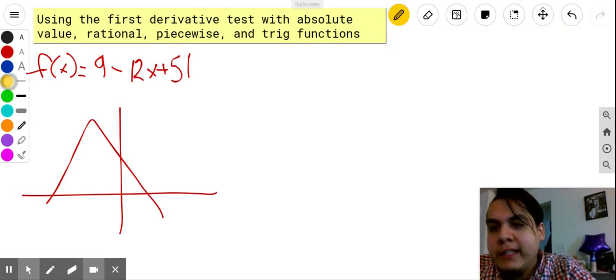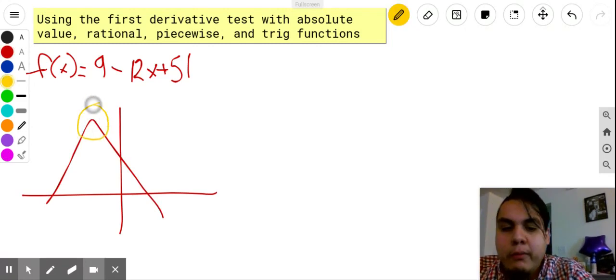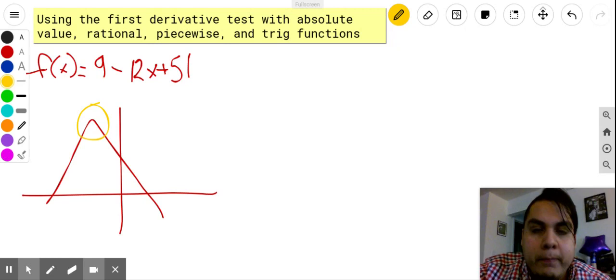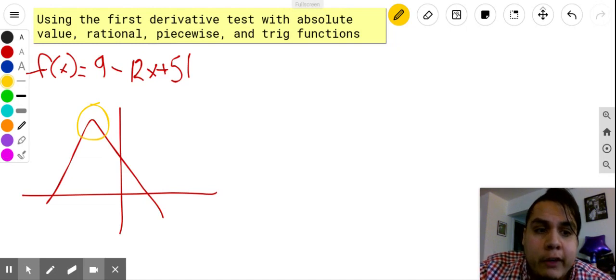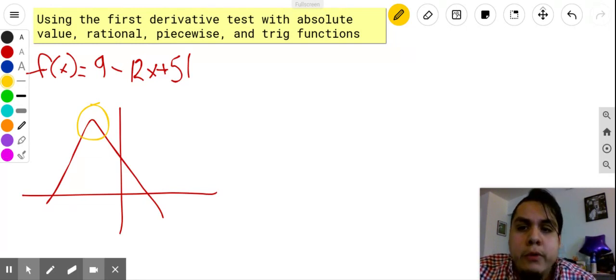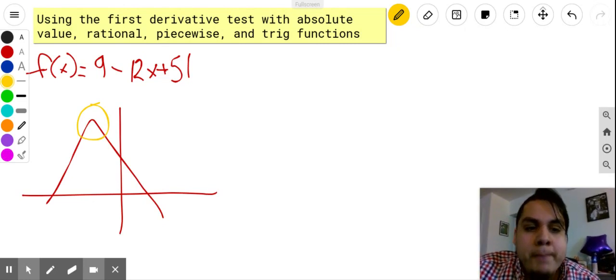And it's because it has this sharp turn right here at that vertex, that absolute maximum, that it's not differentiable.